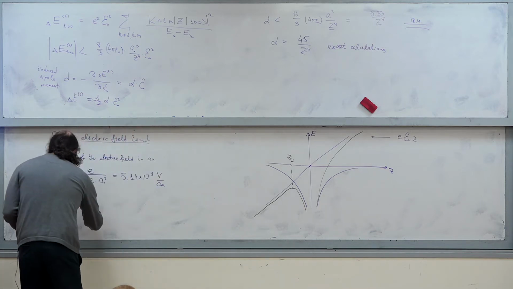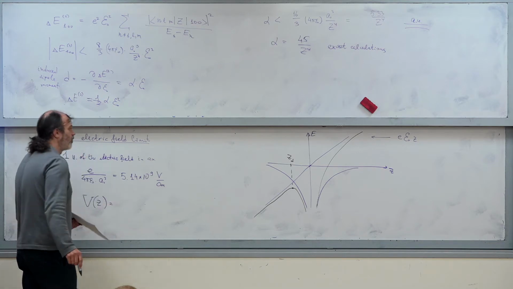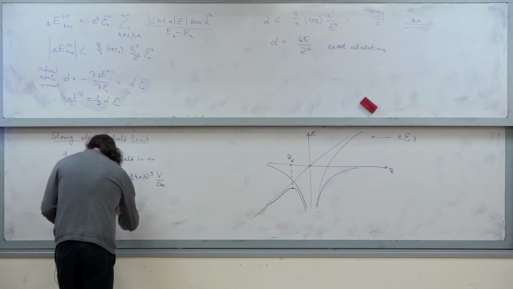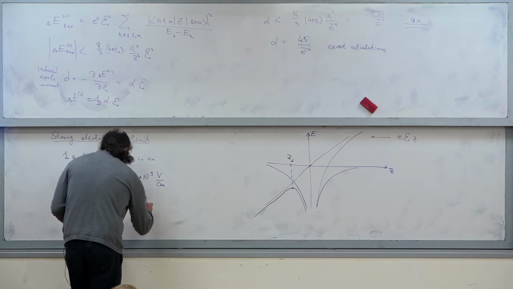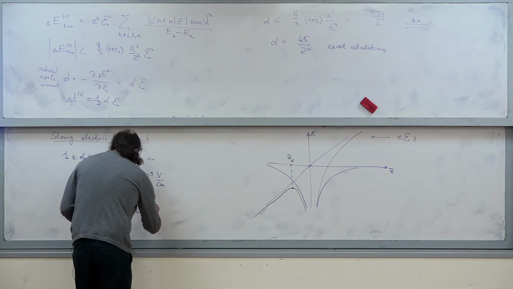We know that this potential, V of Z, which is the sum of these two potentials, is minus 1 over 4 times pi epsilon 0 multiplied by e squared divided by Z.